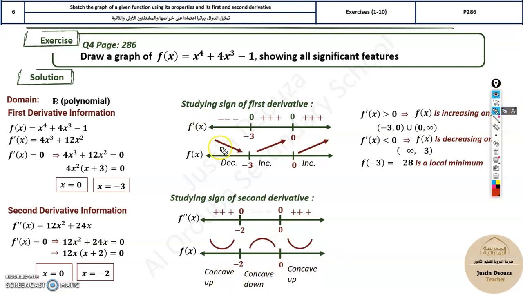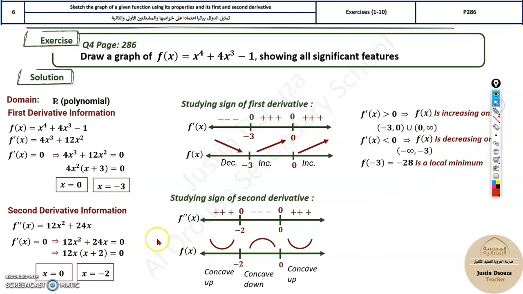If it was just the earlier information, we just know it's something like this. But now we have more information. Now we know it's concaving upwards and then downwards, and then again upwards, something like this. We know the graph is going down, up and up, but it is concave upwards till -2, then downwards till 0, and then again upwards.